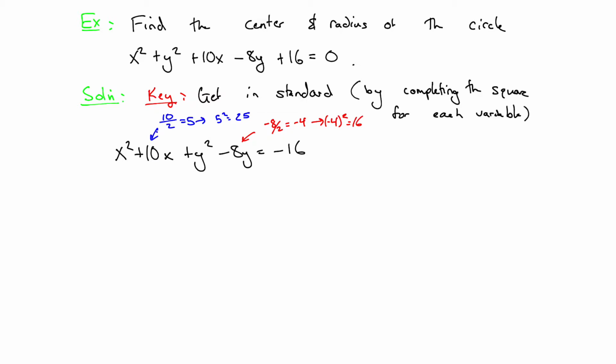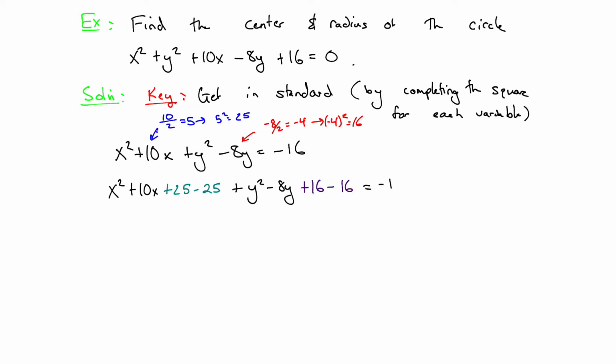So what we do is x squared plus 10x. We're going to add 25 and then subtract 25. And we can do that because that's cleverly adding 0. If you add 25 and then immediately subtract 25, you haven't changed the equation at all. And then we're going to go with our y squared minus 8y. We're going to add 16 and then subtract 16.